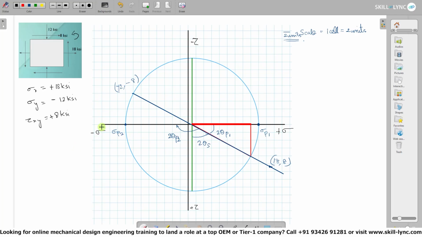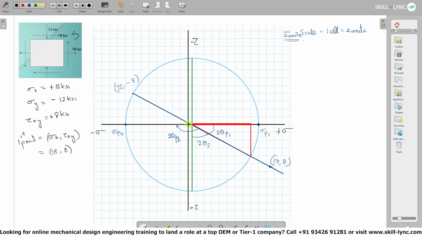Now we have the sigma and tau axes. Next, we'll have to figure out the first point, which is going to be sigma x comma tau xy. So for that, we have 18 comma 8 as our first point.